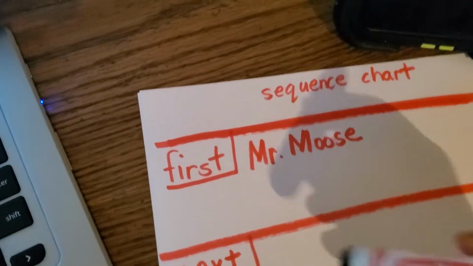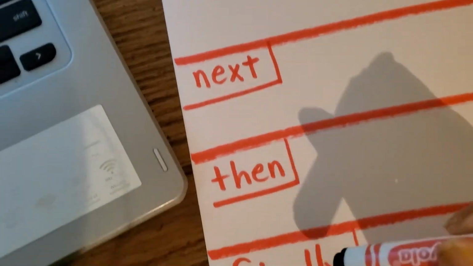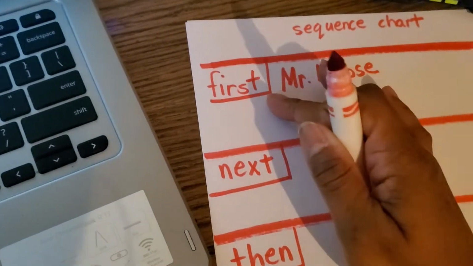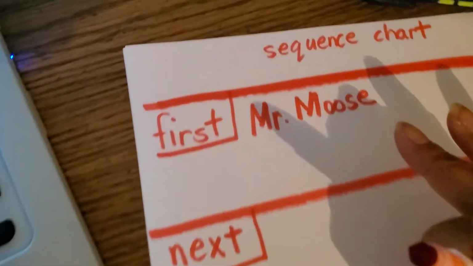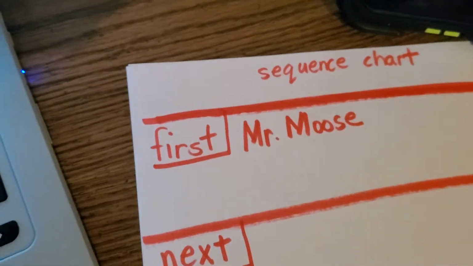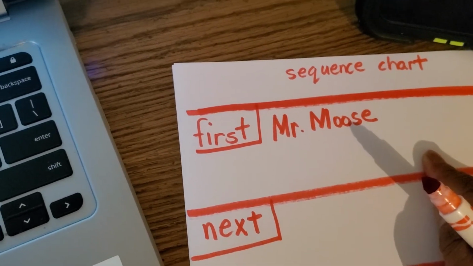Then I wrote first, next, then, finally. These are the temporal words. Some teachers say time order words. And the big word is sequence. That means it's in order.